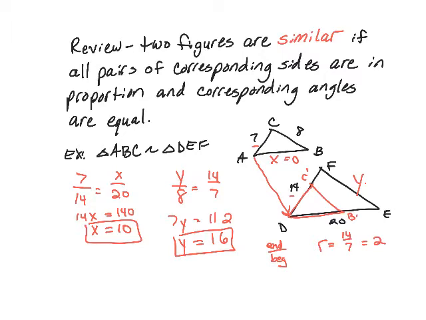So this would be a translation using vector AD, and then a dilation about D with a scale factor of 2. That's how you can map one similar triangle to the other.